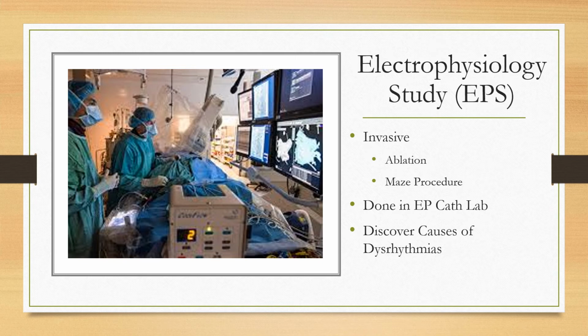Now if they find the cause of the arrhythmia and they can see that it's some kind of abnormal bundle of nerves, they can ablate it, they can burn it, right? So not only can they diagnose the arrhythmias, especially some of the deadly arrhythmias, but they can actually do procedures so that the arrhythmias don't come back, such as ablation. Okay.